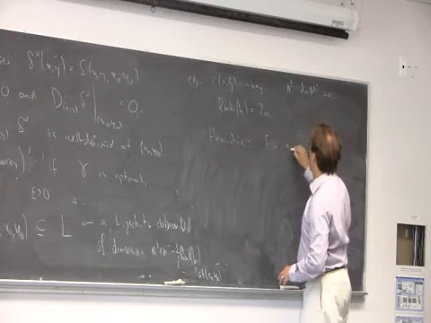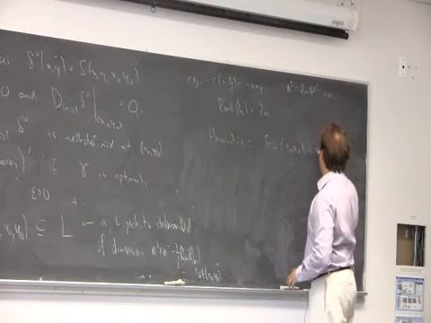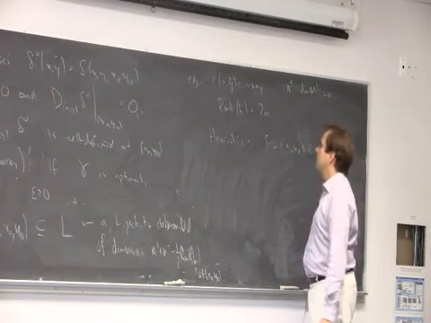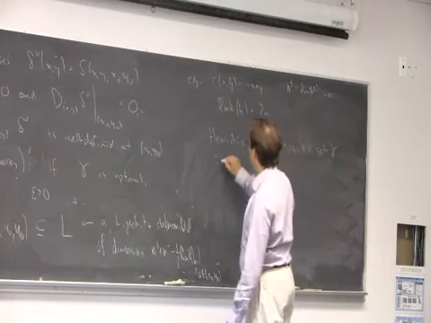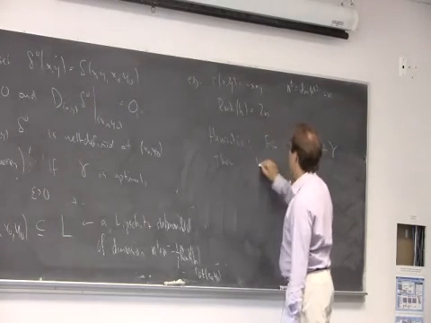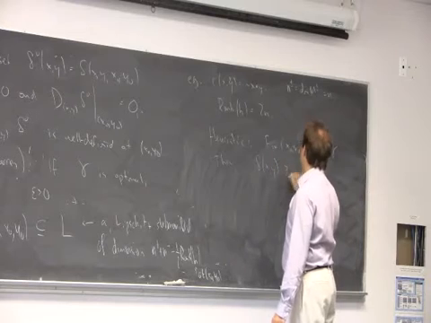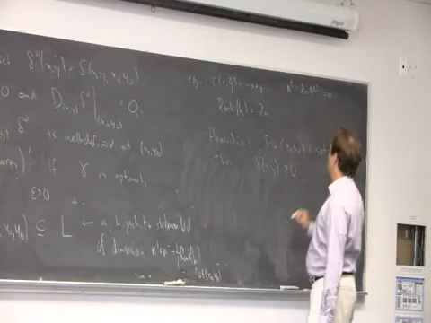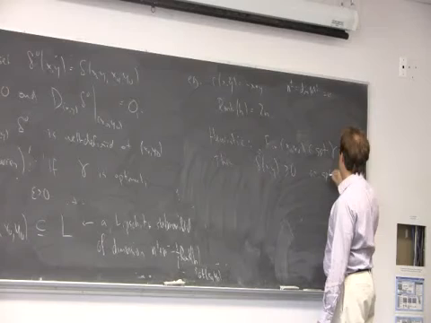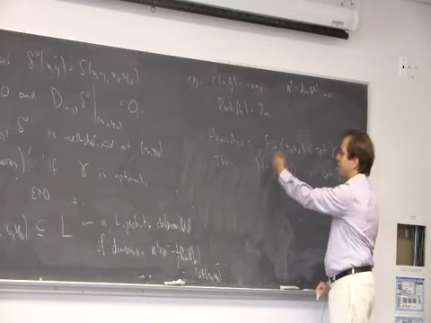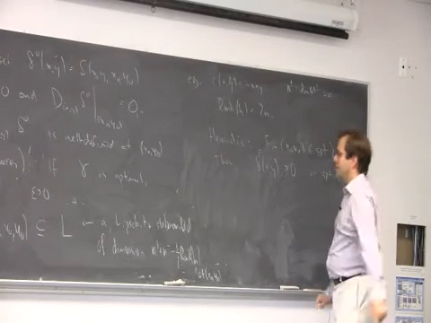Fix x naught, y naught in support of gamma, then delta xy, delta naught xy is non-negative on support of gamma. So let's Taylor expand this function around this point.